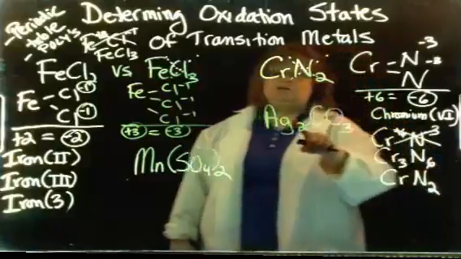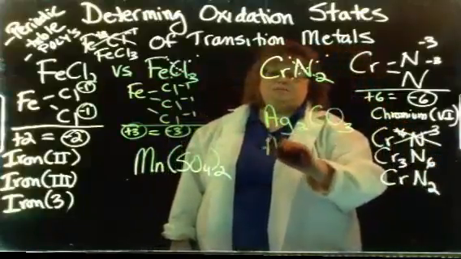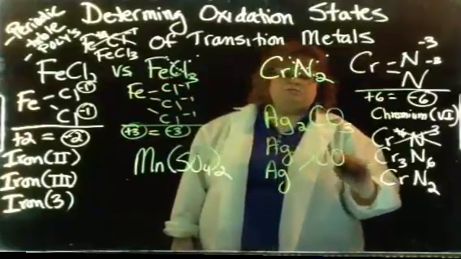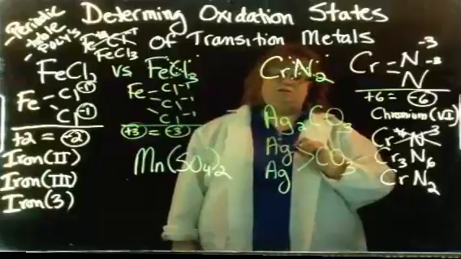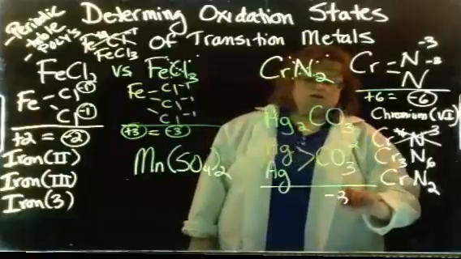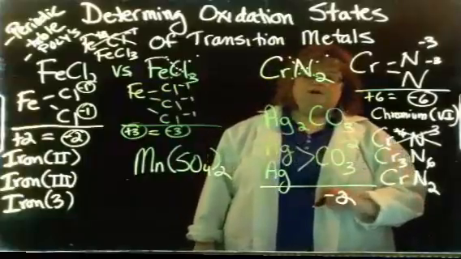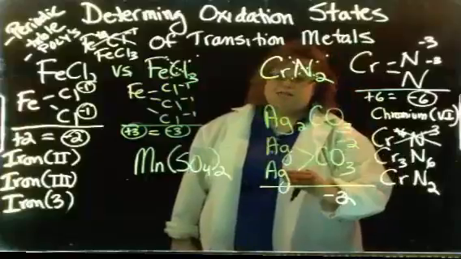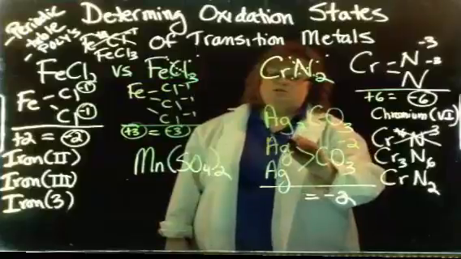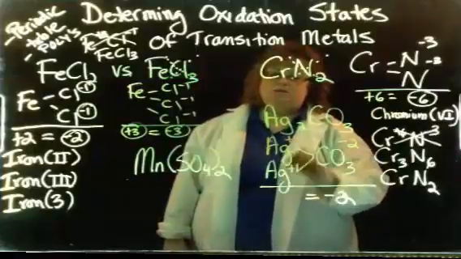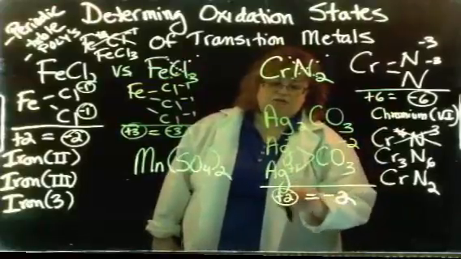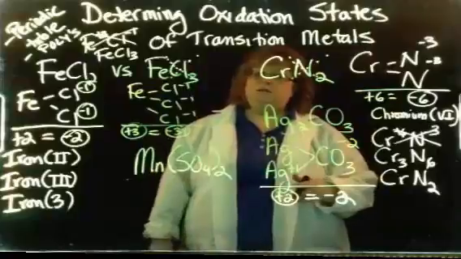Okay? Let's take a look at this silver carbonate compound. I have 2 silvers, right? I have Ag2, and that's attached to a polyatomic. You have to memorize those. I know that carbonate has a -2 charge. So the total charge is a -2 in this compound. So each silver has to have a positive charge in order to balance out that negative charge. Do you see that each silver has to be a +1, so when I add them up together, it makes that +2 to counterbalance the negative part of the compound?